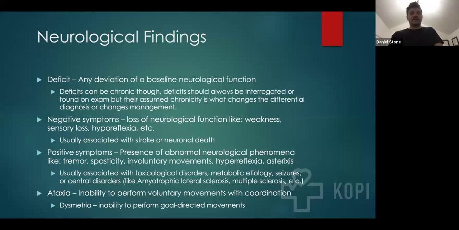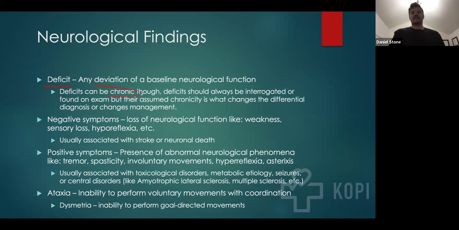Okay. So neurological findings, basically any deficit that is appreciated on exam, implies that there can be any deviation from a baseline neurological function. So a deficit is basically what you're searching for when you're trying to evaluate somebody with altered mental status.